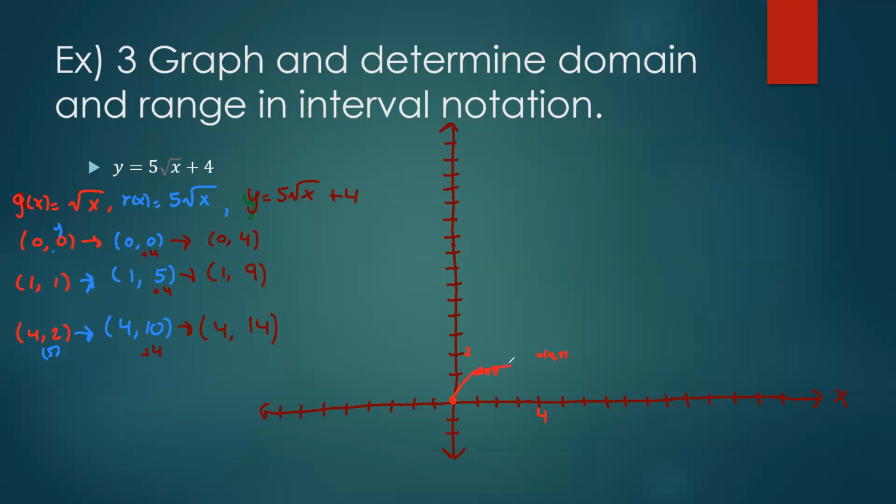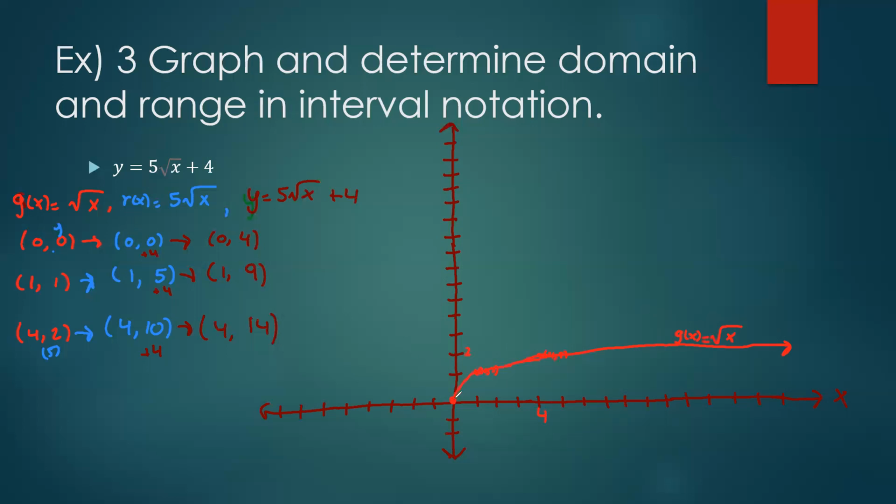Lock the points. So this is g of x equals the square root of x. And then let's graph the other one, r of x.